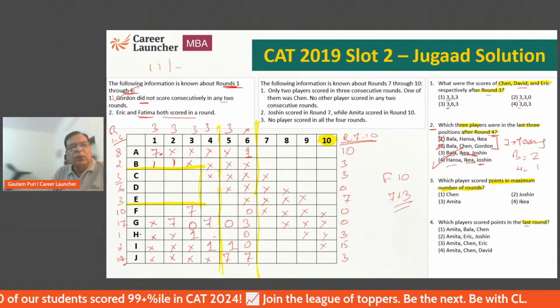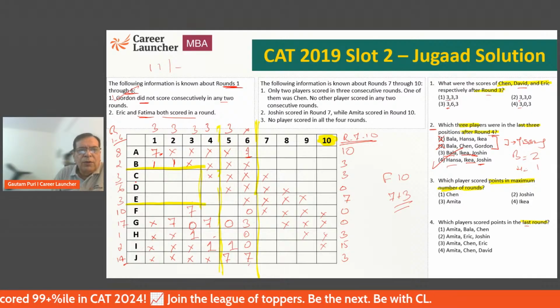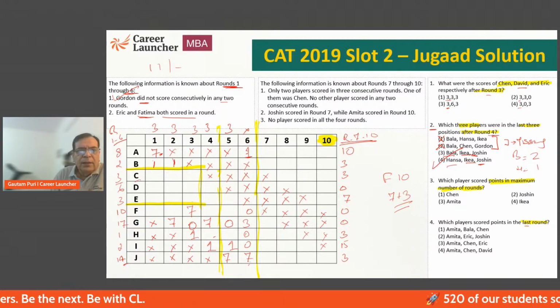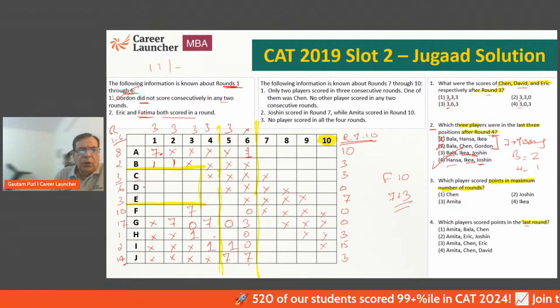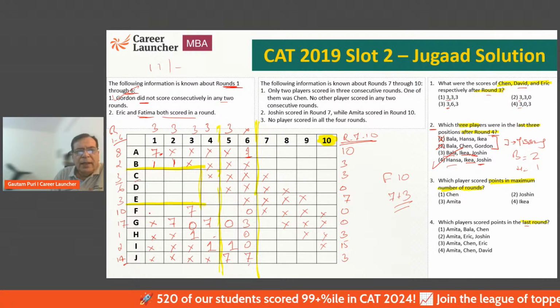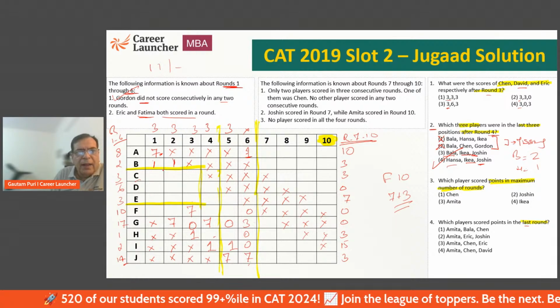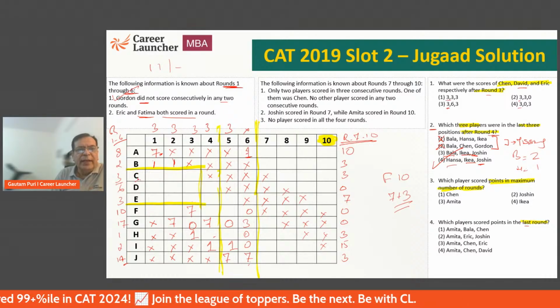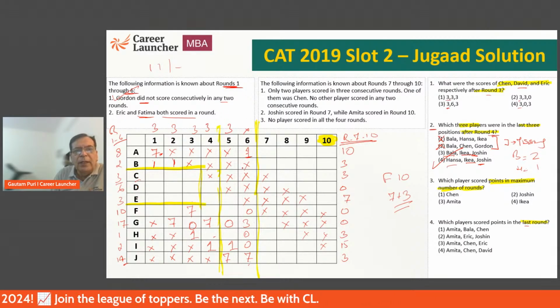Now we just have to fill up the 3s. C is already 3, we have already found that out. What about D and E? Please look at D and E again. Where can we put a 3 for C, D and E, or where can we put the 3 which is missing for all the others?